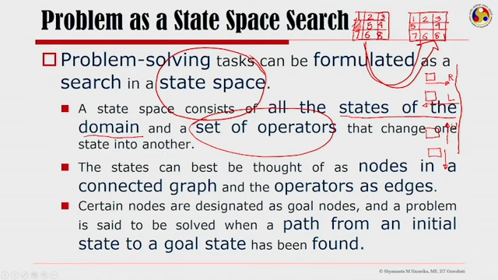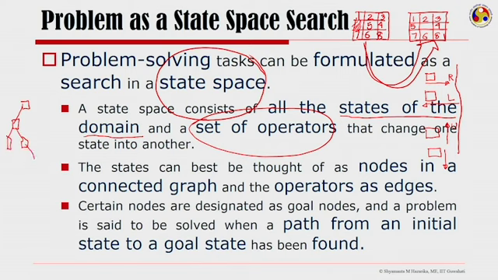The states of the domain and the set of operators, once defined, I can think of moving from one state to the other state. And basically, given a state, we will have some way to move to new states.